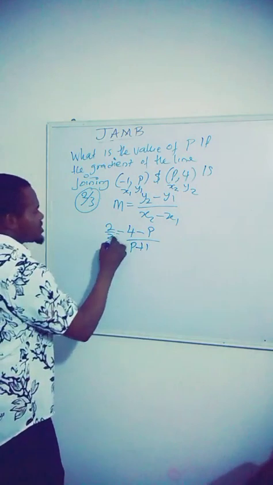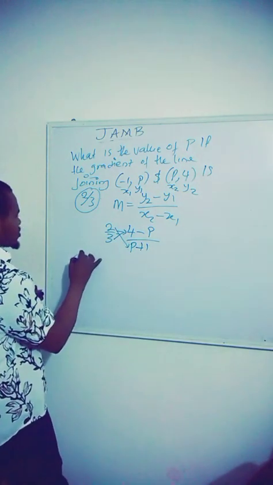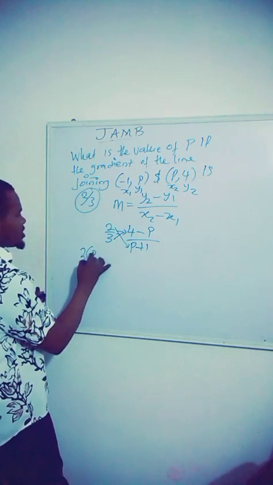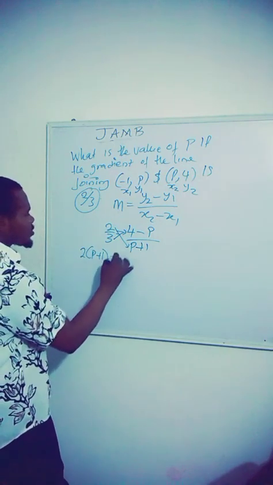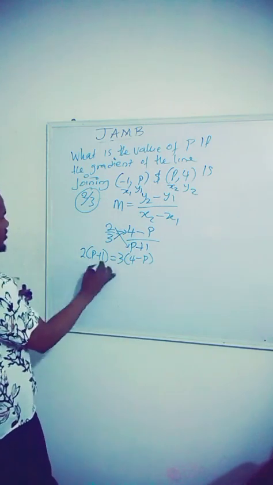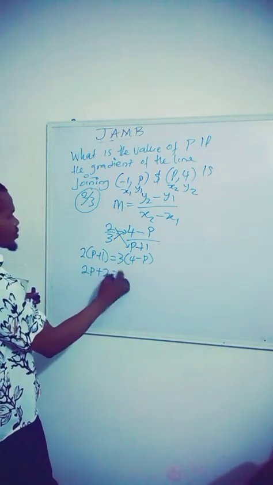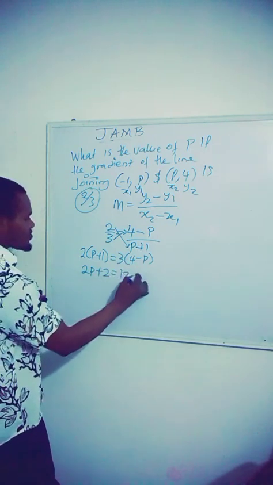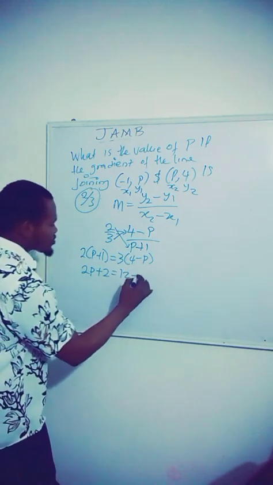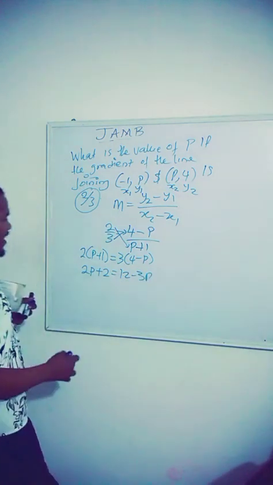This to this, this to this. That will give us 2 into p plus 1 is equal to 3 into 4 minus p. If you open the bracket, you have 2p plus 2 equals 3 times 4, 12, minus 3 times p, that is 12 minus 3p. So let's arrange.